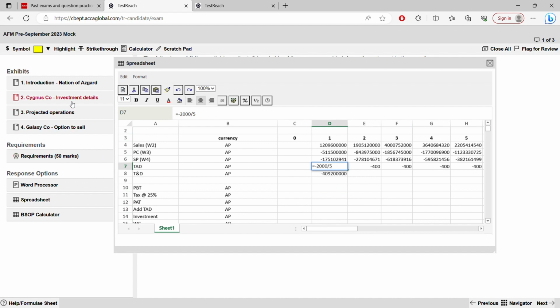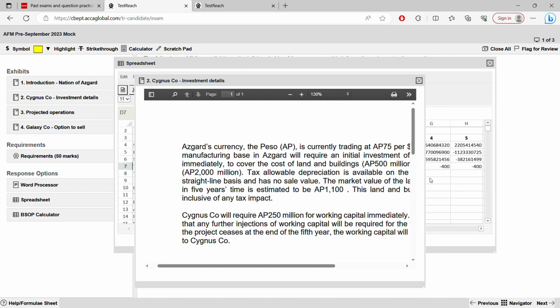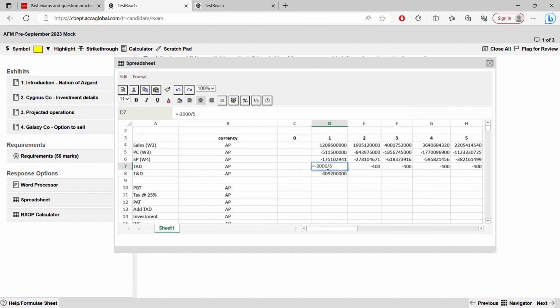Just a minute. It is 2000 million. It's not 2 million, it's 2000 million. So we have to add 1 2 3, 1 2 3, 6 more zeros. Enter. And now we have to copy to the other cell. You see, because 400 is a very small amount when you compare it with the other figure.